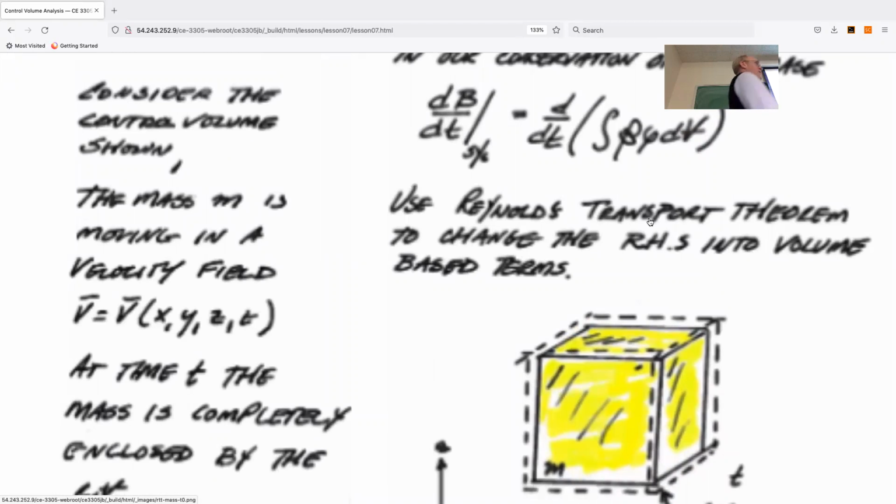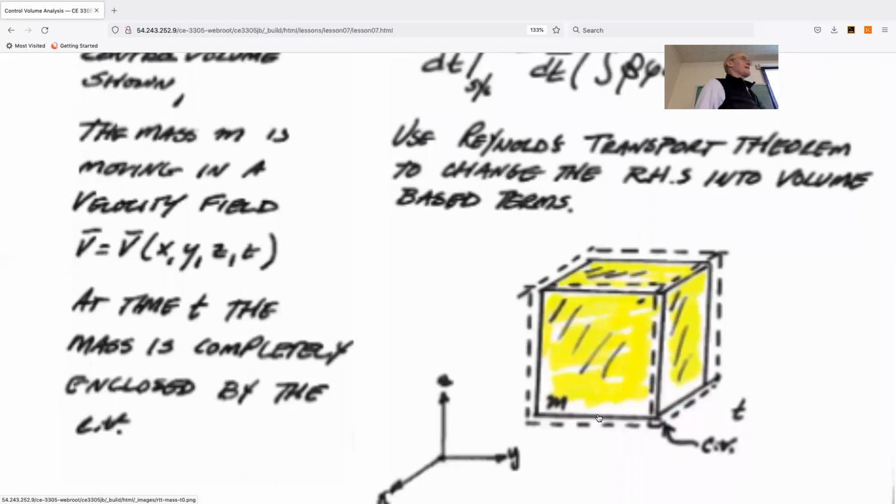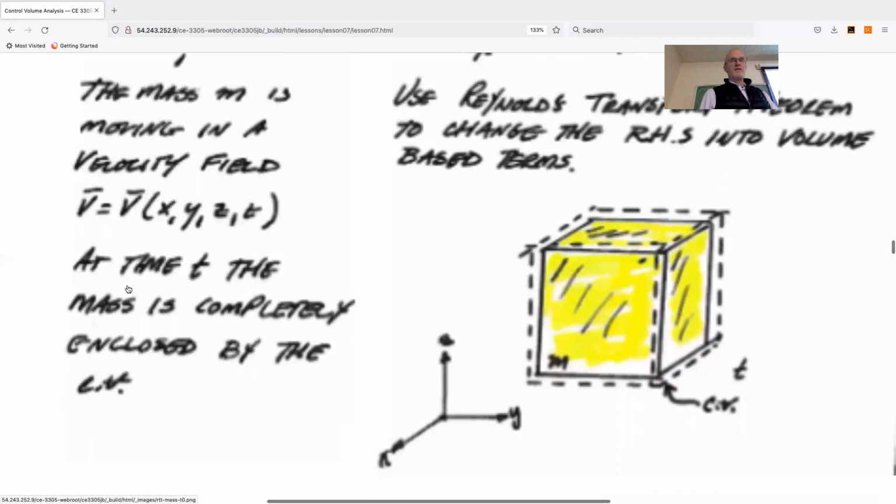The mass M is moving in a velocity field V. So V has some velocity of x, y, z, and t, depending on where we are. Keep in mind this little yellow cube is moving, but we have really good stop action photography. So at time t, we have the situation where the mass is completely contained in the control volume. And you see we have the control volume labeled CV.